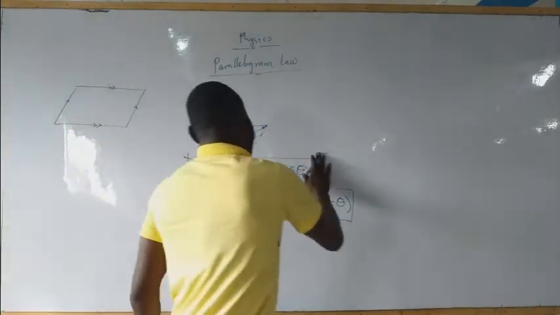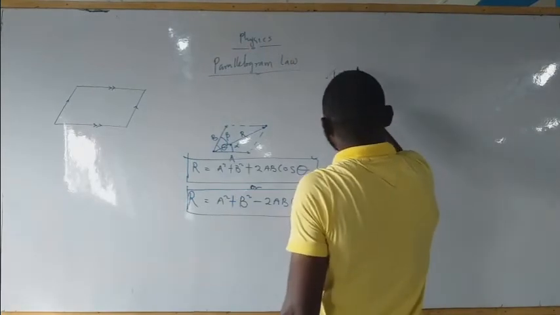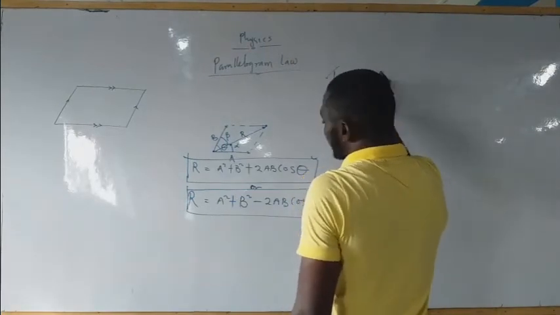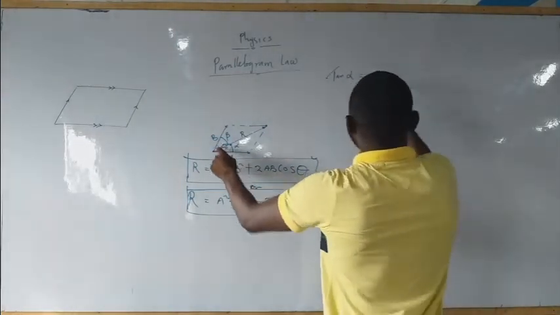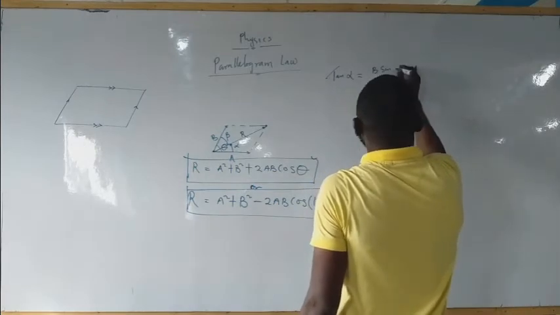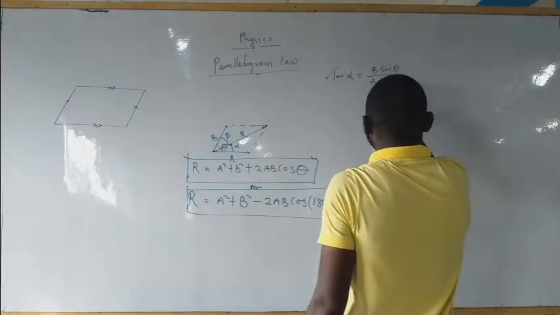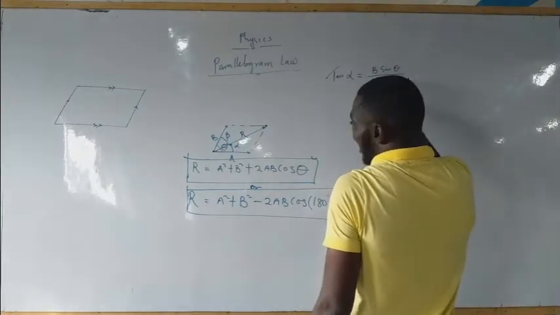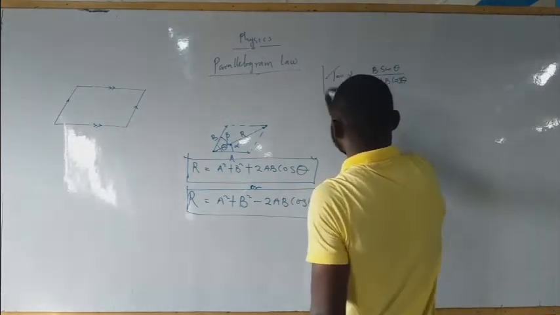So from there we can see that tan alpha will be equal to b sine theta over a plus b cos theta. Please take note.